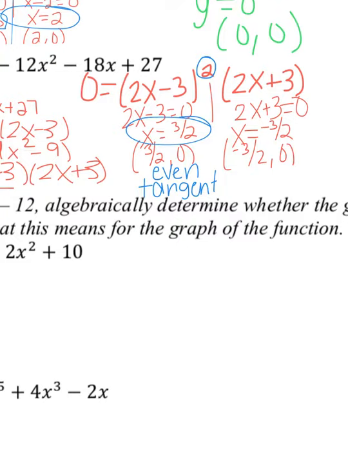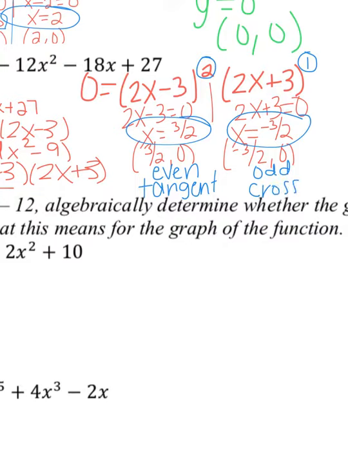Okay, this, what I have in blue, does not make up the whole multiplicity statement. For the other one, we have x equals negative 3 over 2. That comes from 2x plus 3 to the first. 1 is odd, so the multiplicity is odd, which means it will cross the x-axis.